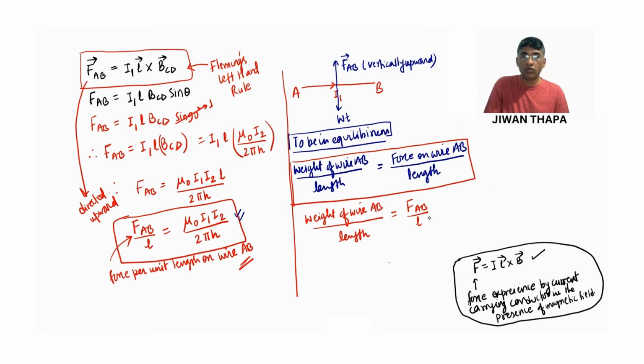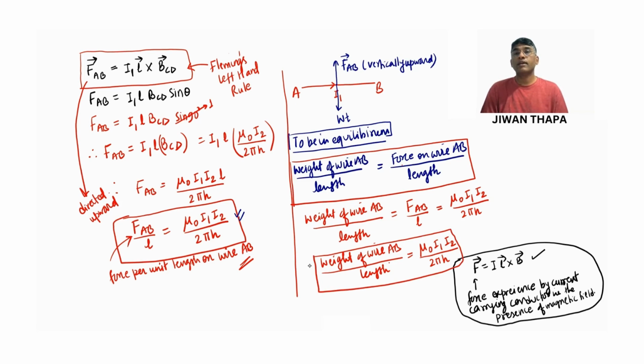And we know force on wire AB per unit length equals mu naught I1 I2 by twice pi h. So we can write: weight of wire AB per unit length must be equal to mu naught I1 I2 by twice pi h for wire AB to be in equilibrium.